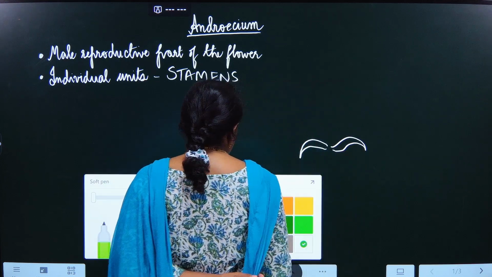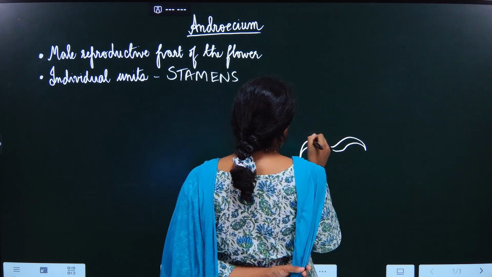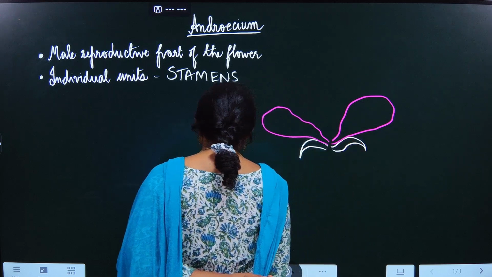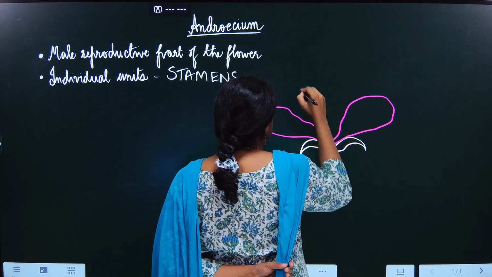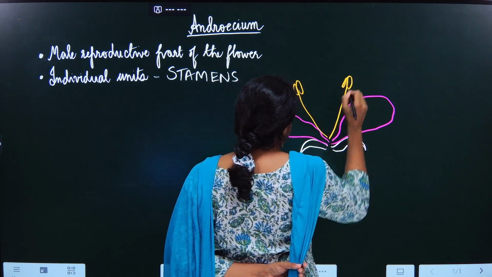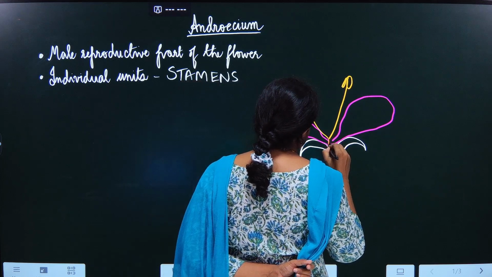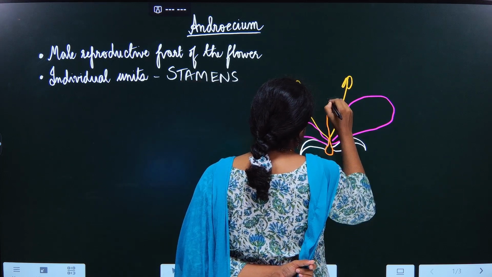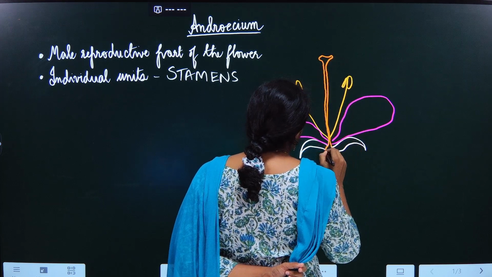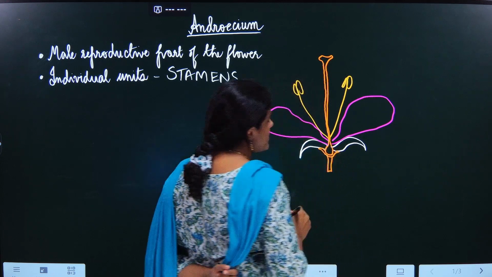So, this is calyx, then there is beautiful corolla, right? Then there is androecium, and then there is gynoecium. All of these are located in the thalamus or the receptacle.